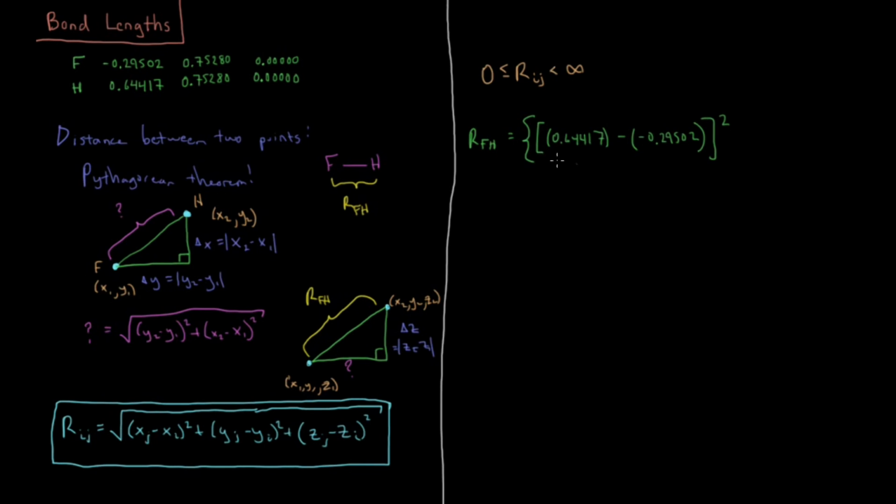We could just stop right there because the other two are the same, so delta y and delta z are both 0. But let's just write them down for good measure.